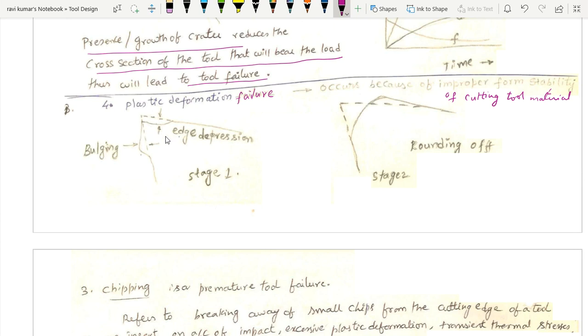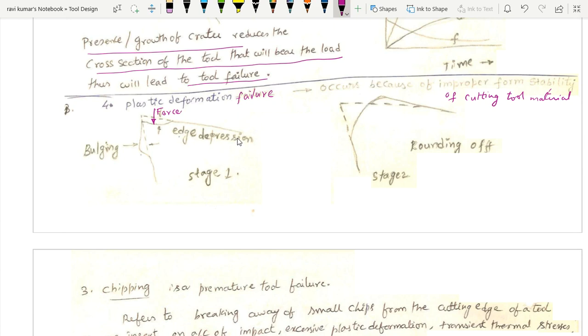On account of the cutting force, we find that this cutting force causes a sort of edge depression and side bulging. Whatever the force is applied here, that means cutting force, will lead to a sort of depression on the edge.